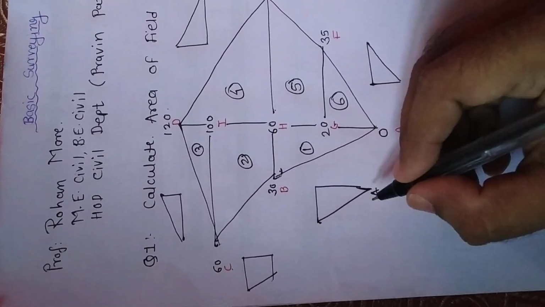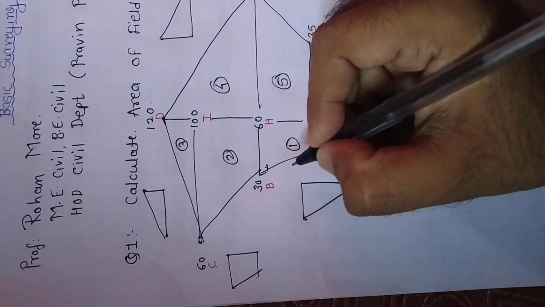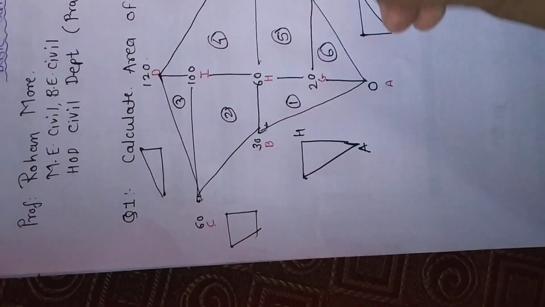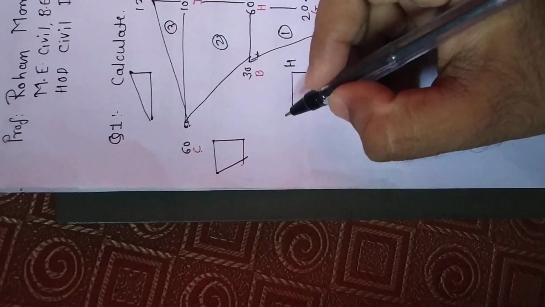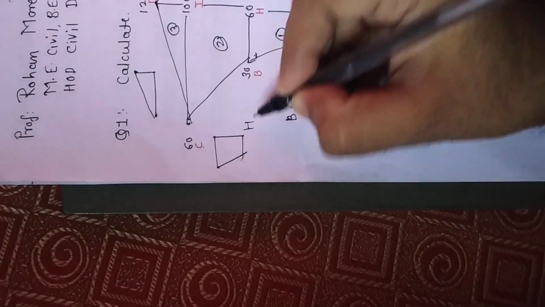This is A, this is H, this is B. So I am giving the name B here. Similarly, for all figures we have to give names.